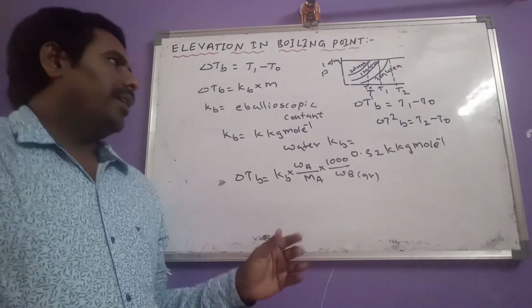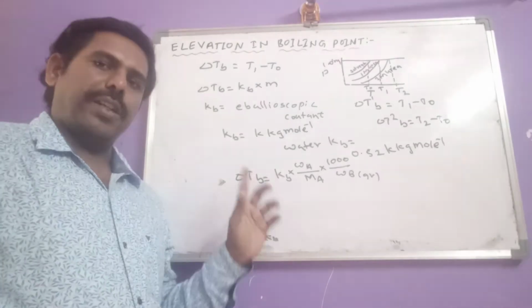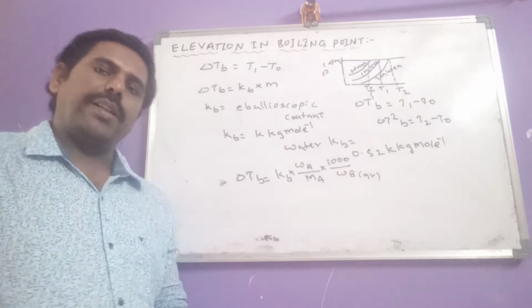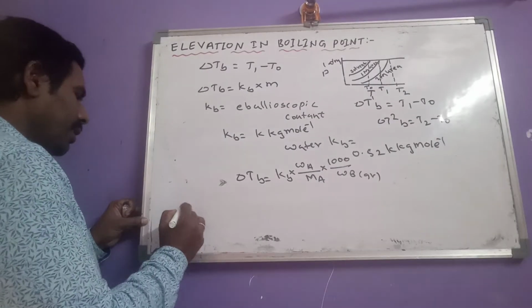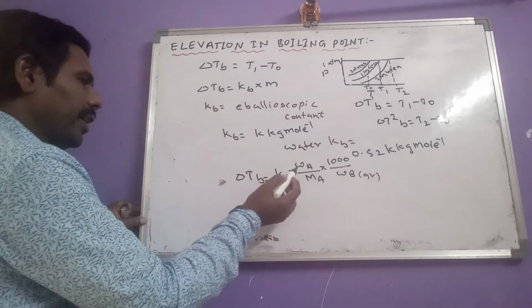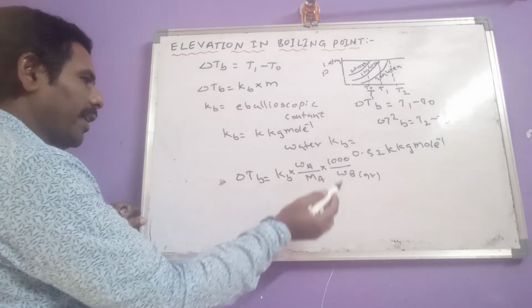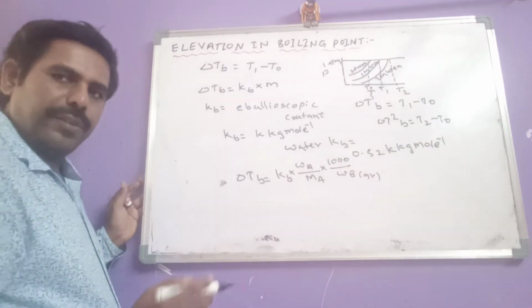And what questions can we get related to this expression? Let us see one. For example, they give the weight of solute and also the weight of solvent, and we need to determine the boiling point of the solution.